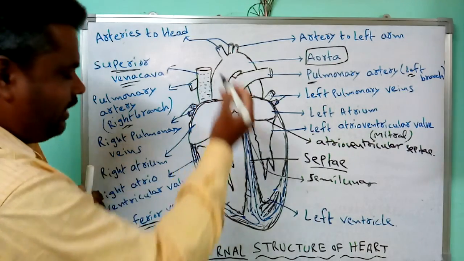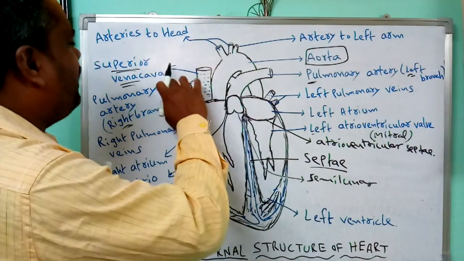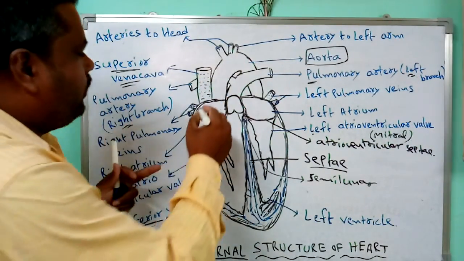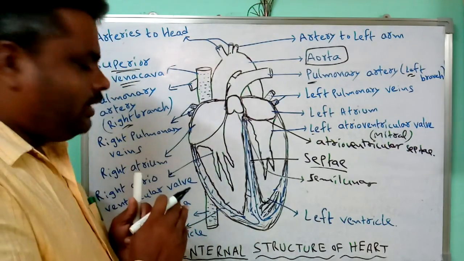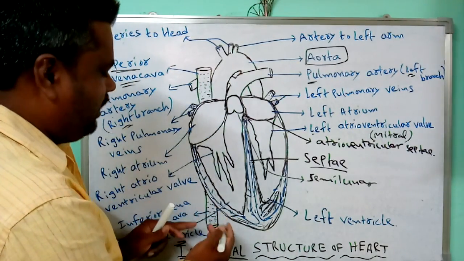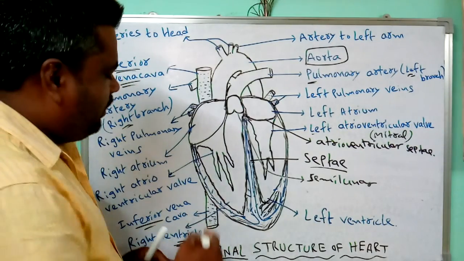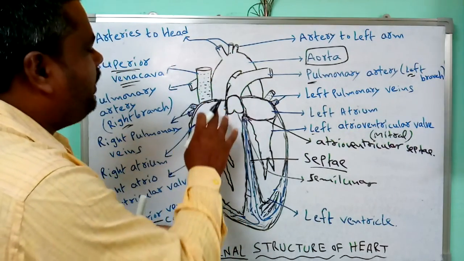The superior vena cava receives blood from the upper parts of the body to the right auricle or right atrium, and the inferior vena cava receives blood from the lower parts of the body to the right atrium.